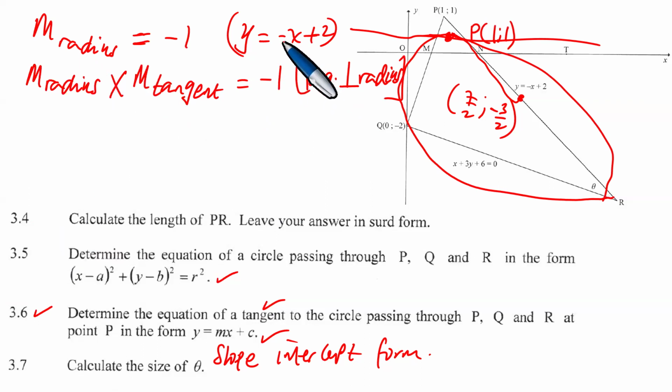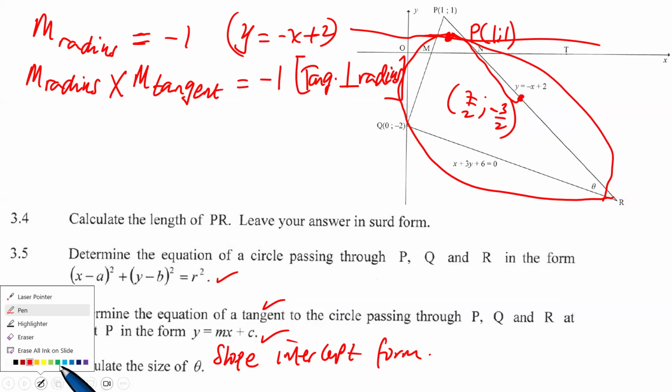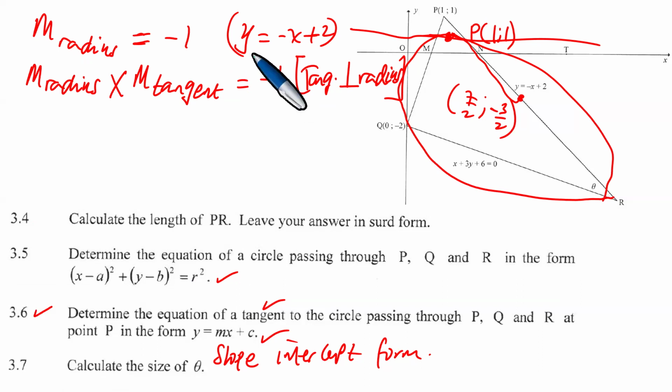Why? Because this is the equation, and in this equation, we're able to see that it is coming from the slope-intercept form of the equation of a line, y equals mx plus c. Now look at this. The gradient is -1 there. Now, we want to find the gradient of the tangent.